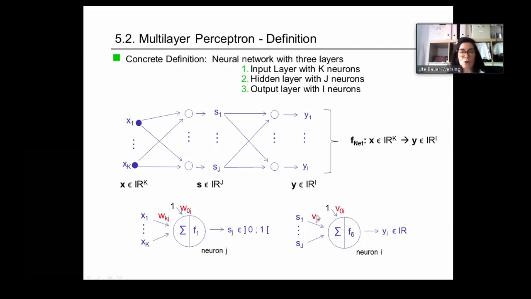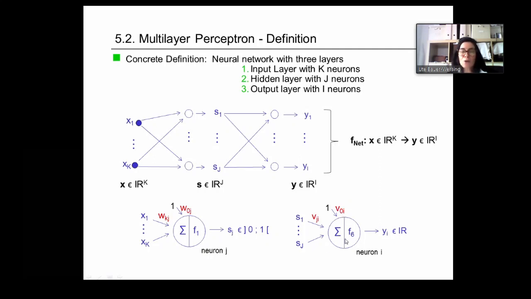So we have VJI. These are the weights for the individual outputs of the neurons in the hidden layer, which feed into the neurons of the output layer. And of course, each of the neurons in the output layer has a bias, and this is V0I.